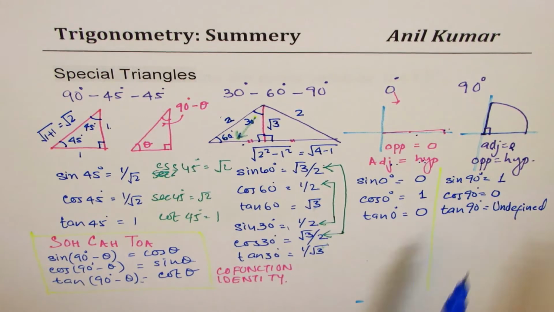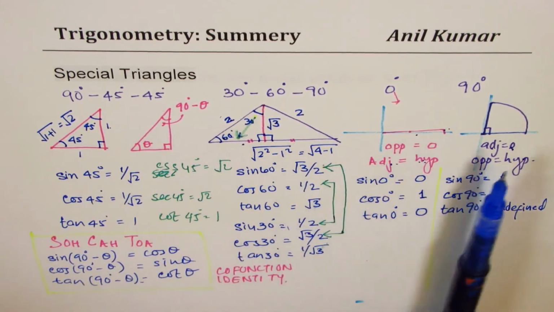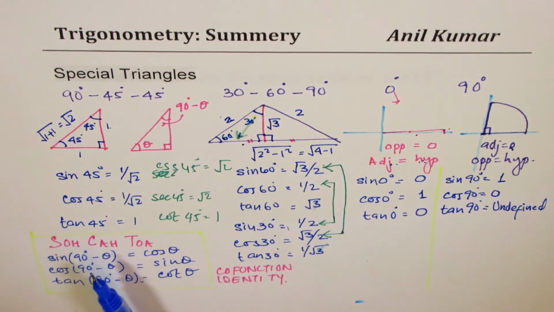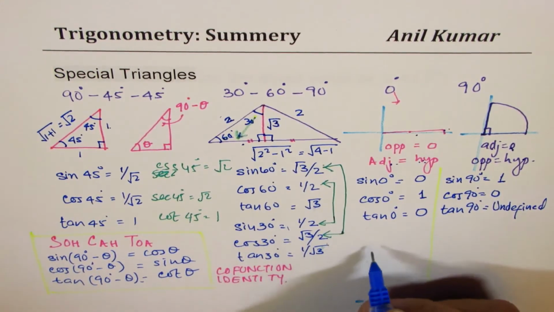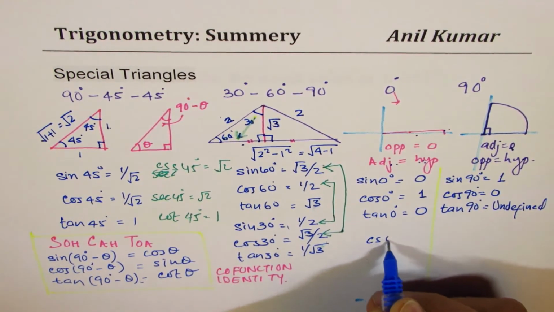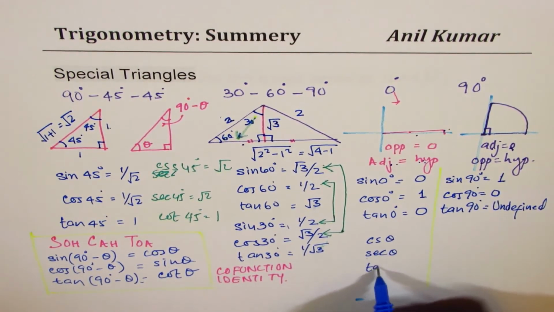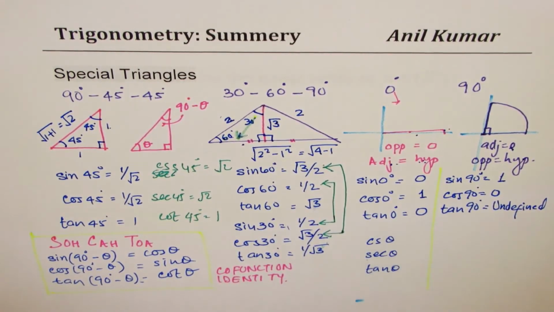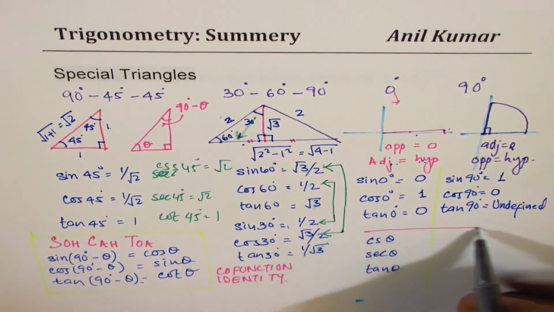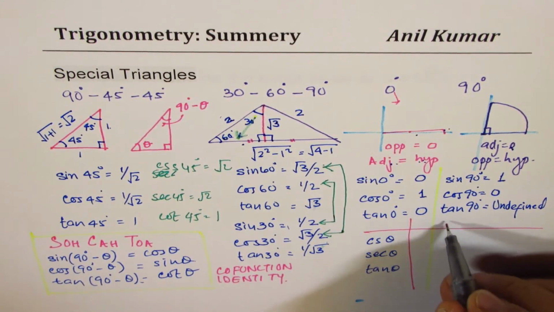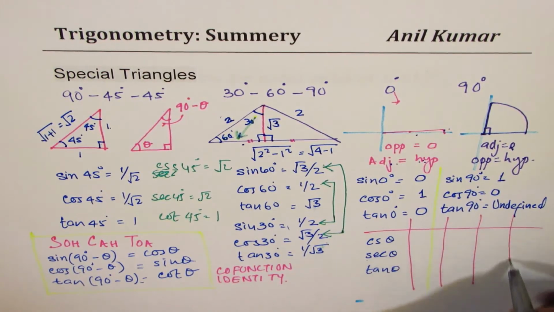You get an idea. So in this part of the video, we have learned about a few triangles, and these triangles give us values for sine, cosine, and tan, and also for their reciprocals. You can always find cosecant theta, secant theta, and cotangent theta, so make this table for secant, cosecant, and cotangent. You can fill this up, right?